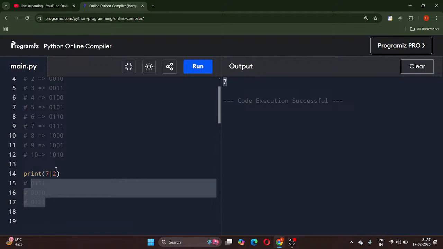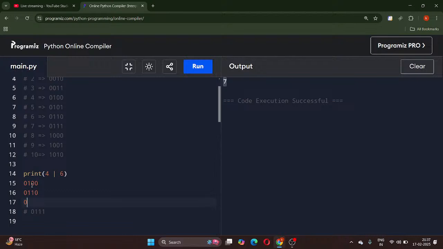Now let us try 4 or 6. 4 is represented as 0, 1, 0, 0, and 6 is represented as 0, 1, 1, 0. Let us check again how it is working. We have to add up the two digits.